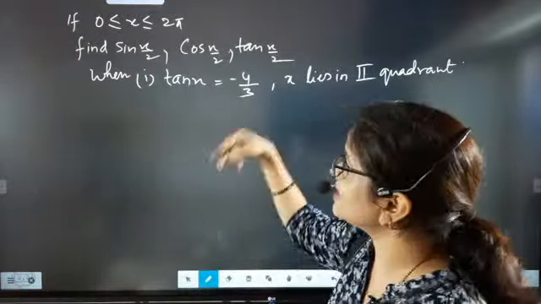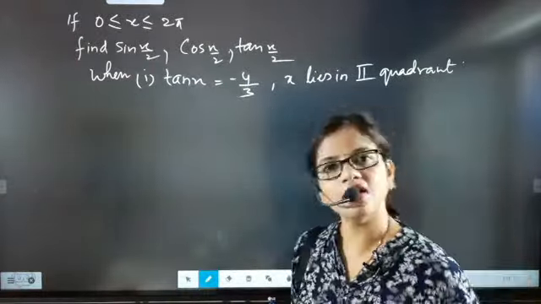Okay, but after that they are putting a condition that tan x is coming minus 4 by 3, and for tan x equal to minus 4 by 3, for this condition x lies in second quadrant. That means now one time given and one time taken. That's why I told you what we feel when this type of question comes is they gave you some power, and this power here is sine positive. Absolutely correct. You should know which power they have given.